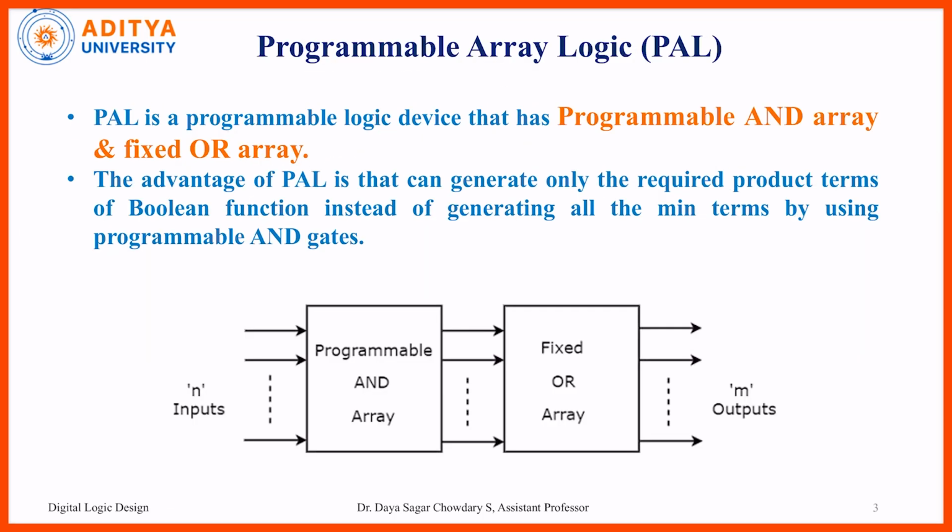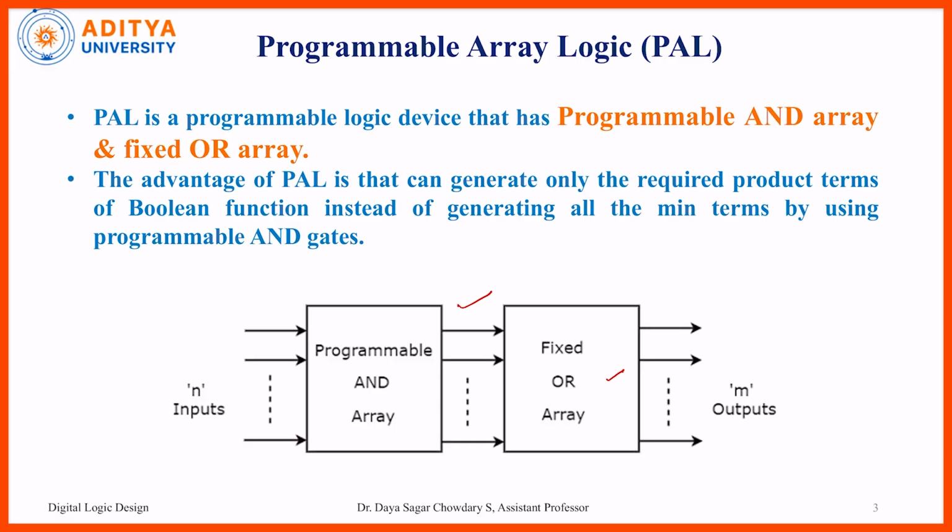Coming to PAL, PAL is a programmable logic device that has a programmable AND array and a fixed OR array. If we observe this figure, it contains programmable AND arrays and, at the same time, fixed OR arrays. Depending on this block diagram, we can conclude that the AND gates are programmable and the OR gates are fixed.